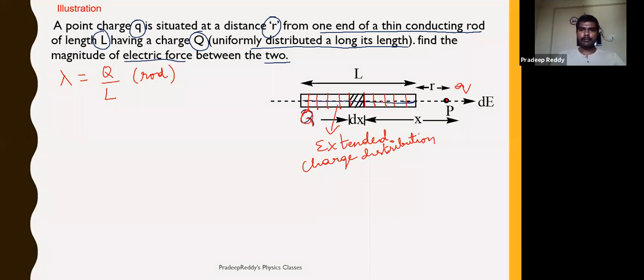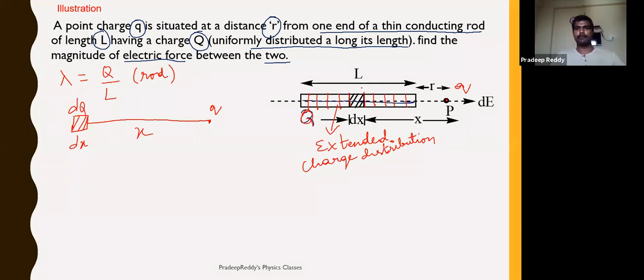Now I am taking a very small element over here, and this element has length dx. The total charge on the rod is capital Q. As this total charge is distributed along these small elements, there will be some charge, say dq, on this element, and it is separated from the charge q by some distance x.